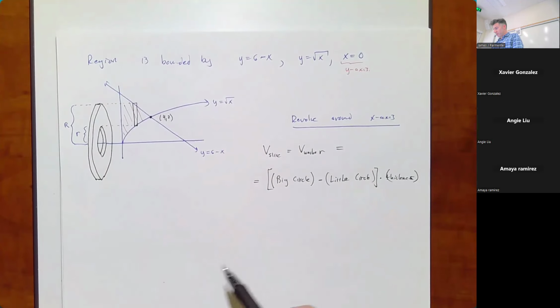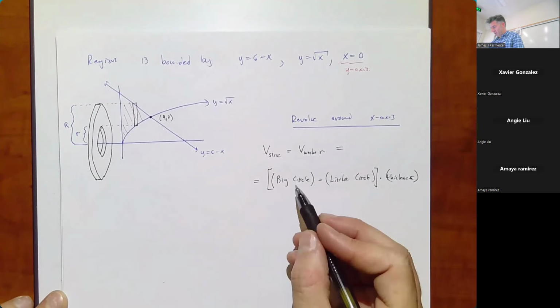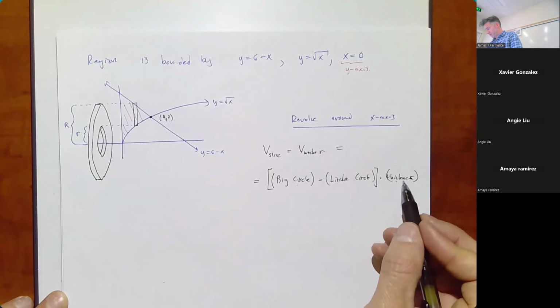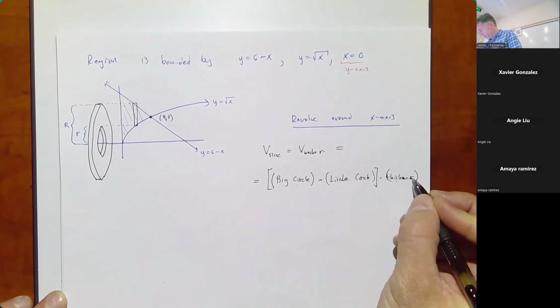So you can't read what I've written because it's kind of terrible looking. That's big circle minus little circle all times the thickness. I think I forgot an S there.